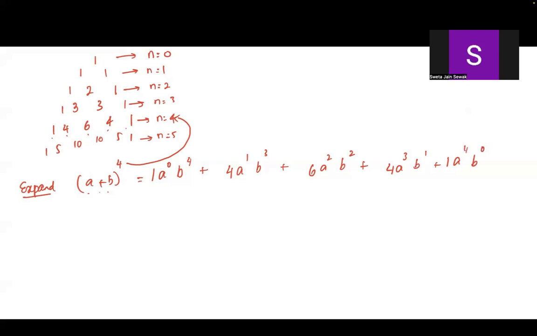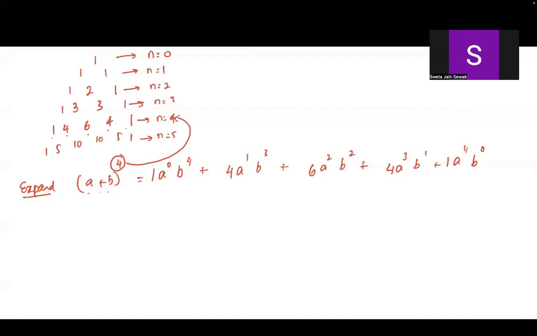Now you should notice over here that always the sum of the powers of a and b is 4, which is equal to n. So 0 plus 4 is 4, 1 plus 3 is 4, 2 plus 2 is 4, 3 plus 1 is 4, and 4 plus 0 is 4. It will always be the case.